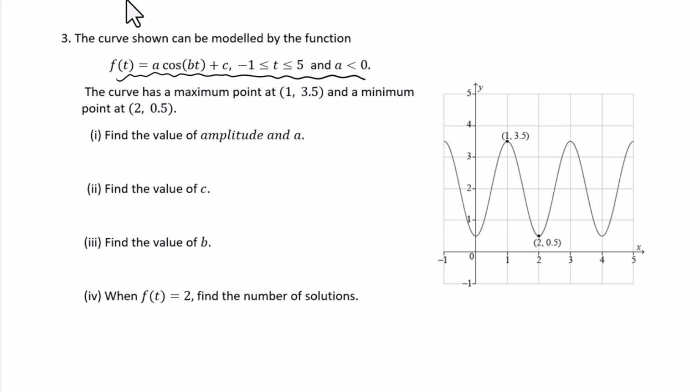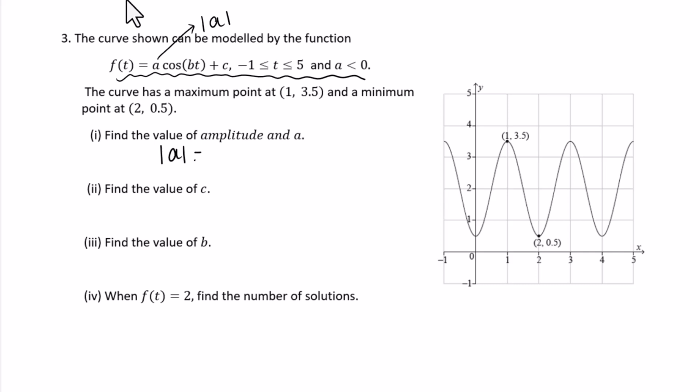The curve has a maximum point at (1, 3.5) and a minimum point at (2, 0.5). Amplitude will be absolute value of A. It's half the distance between maximum and minimum points.